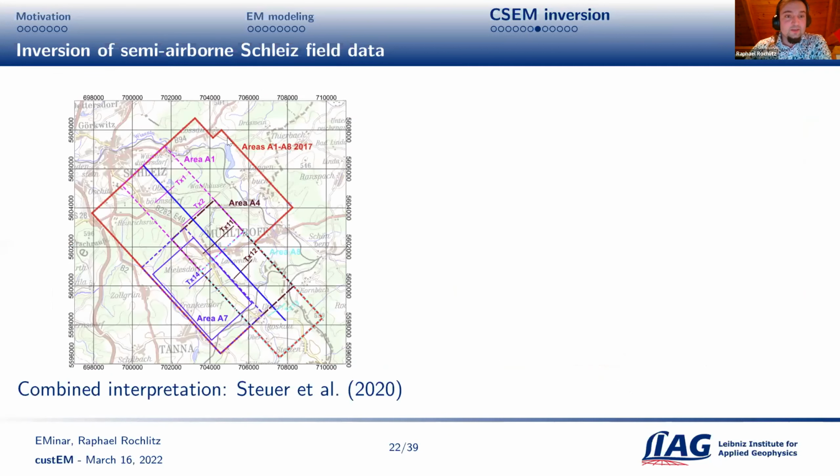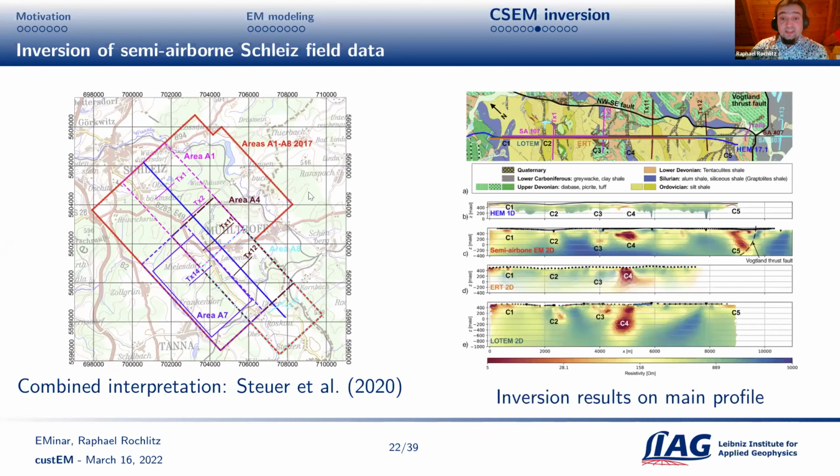So this is the red area you've seen before. It has an extension of, I think, 40 times 10 kilometers or something like that. So this is the overall extent. We have multiple flight areas of semi-airborne data, but on this blue long profile, we have also ground measurements. And this is mainly a large-scale geoelectric survey, so ERT, inverted in 2D.